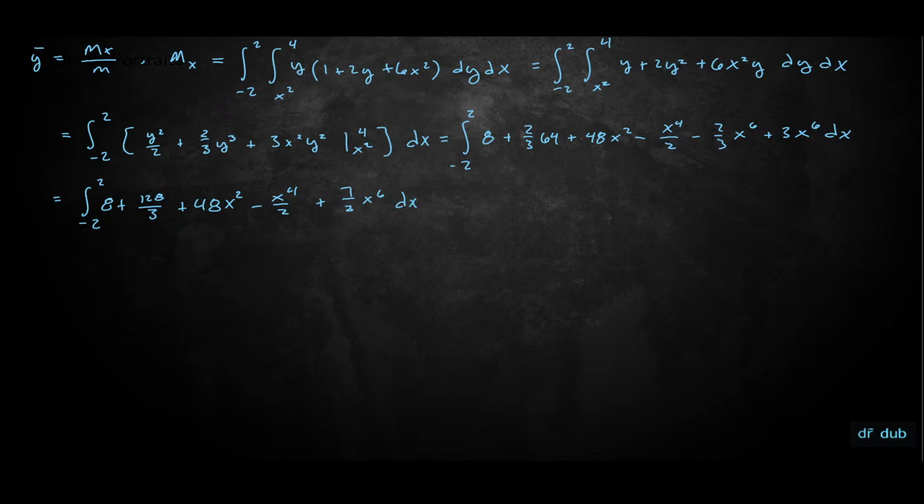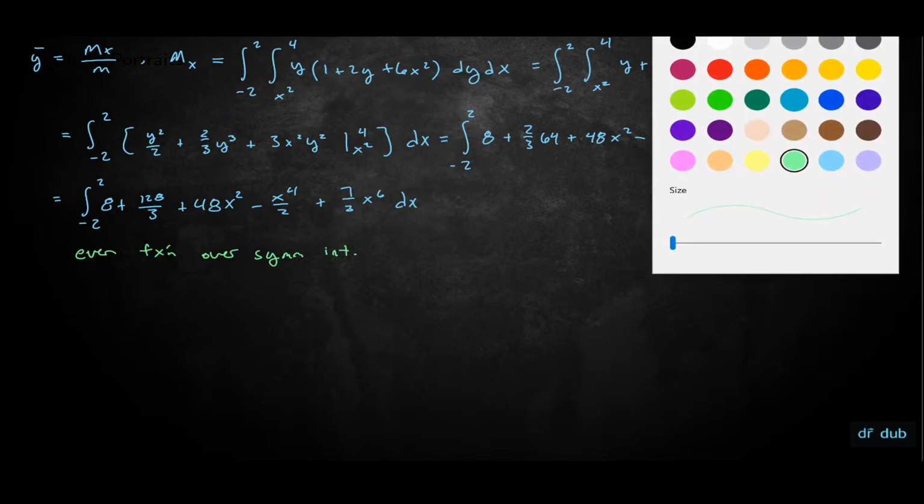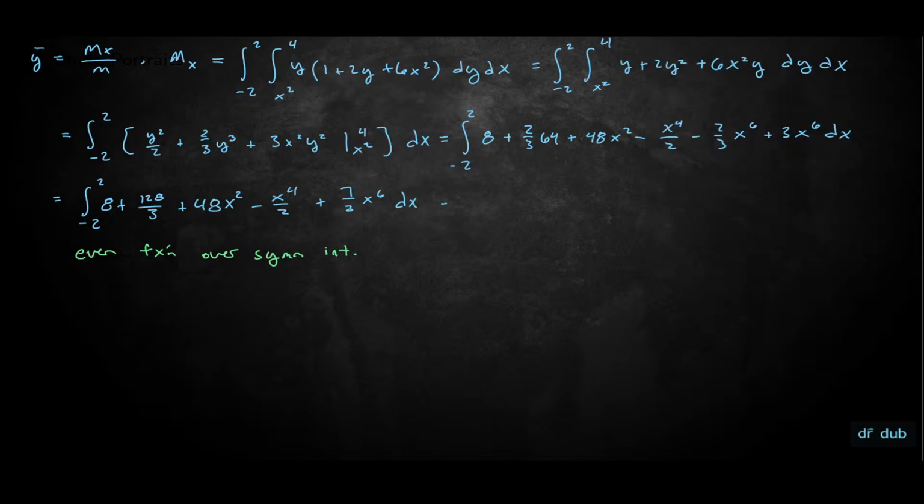So because it's an even function over a symmetric interval, we can change it to be 2 times the integral from 0 to 2. And I guess I'll combine that. So that'll be 24 plus 128, so it'll be 152 over 3.